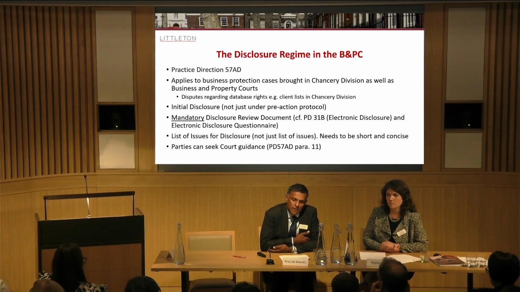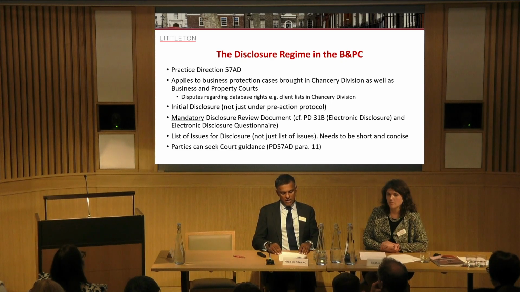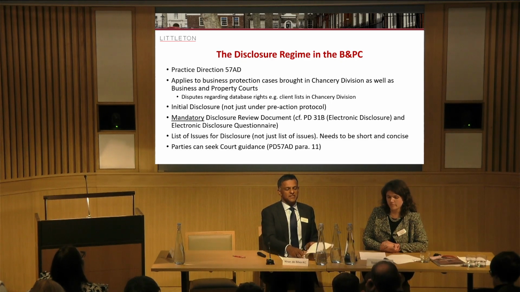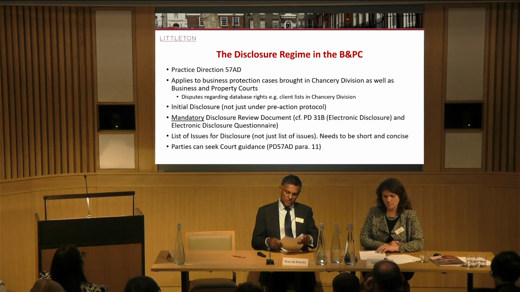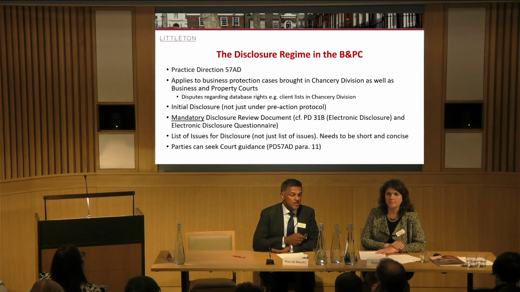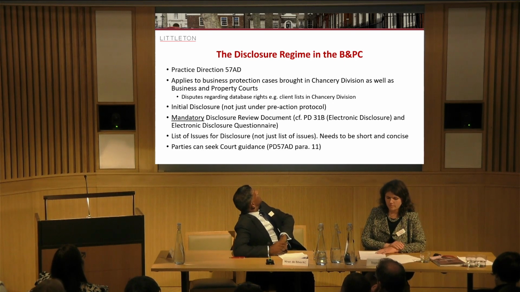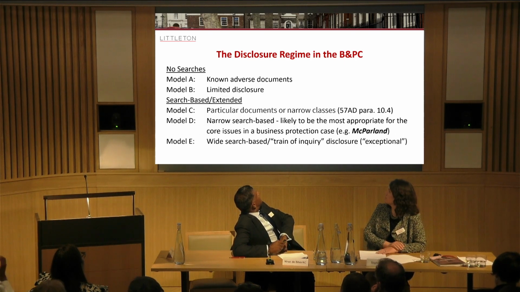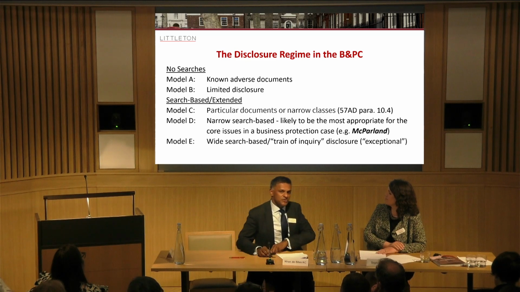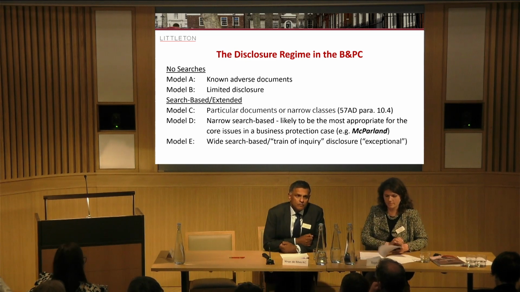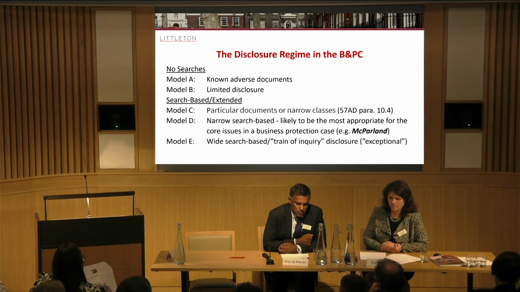And in the main disclosure stage, the court requires the parties to identify a list of issues for disclosure. And against each of those issues, it asks the parties to set out what model of disclosure they want to use.